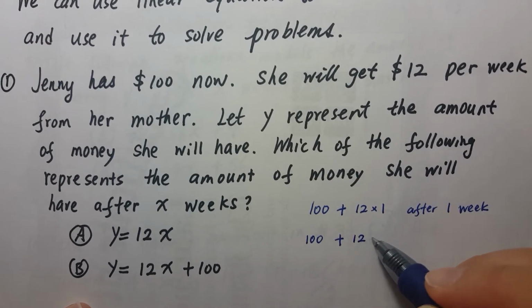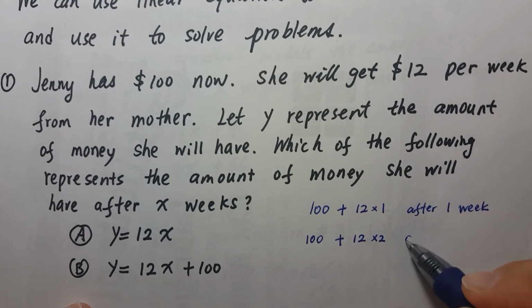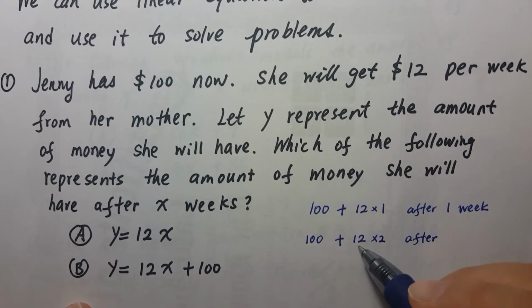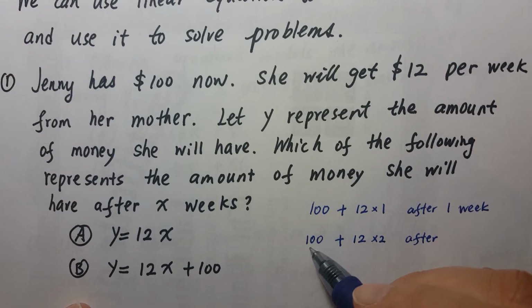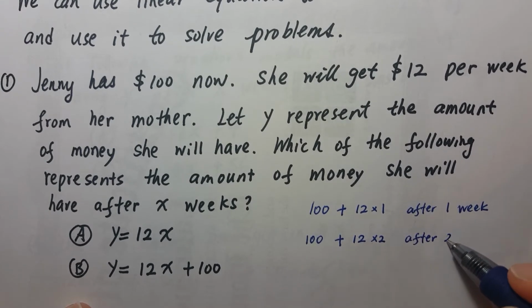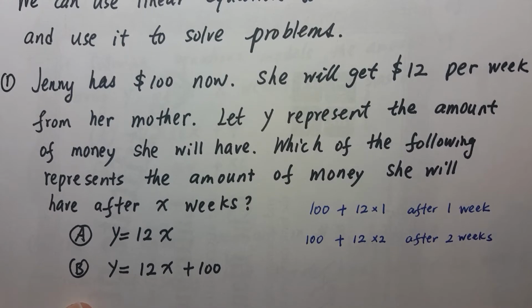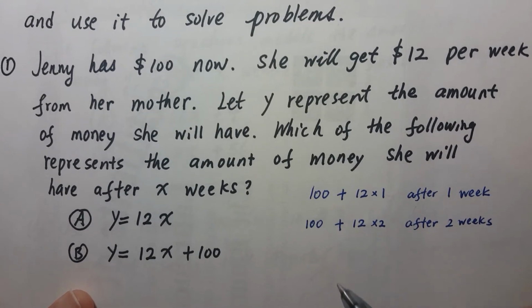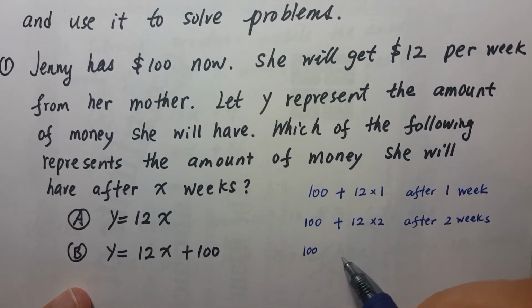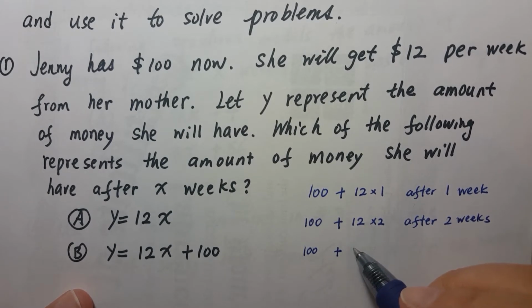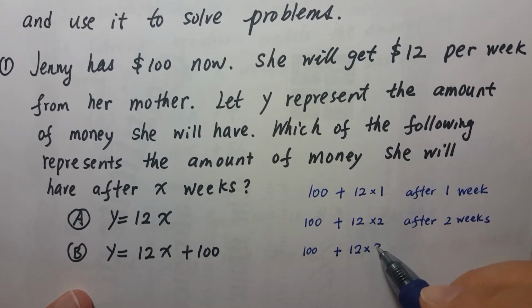So 12 times 2 after 2 weeks. So it has to be 12 times 2 plus the $100 she has. What will happen after 3 weeks? Then she still has her $100, and then she gets more money. So now after 3 weeks, it's going to be 12 times 3.